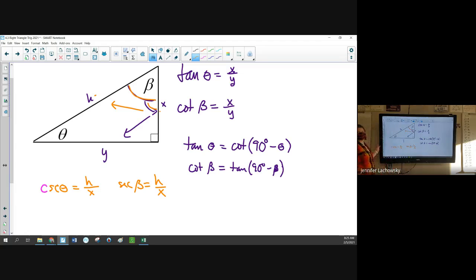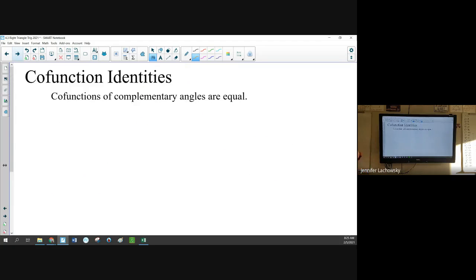Okay. So here's what I need you to do. On the back of your unit circle, write down cofunction identities, or just cofunction. How much you write down on this is up to you, but I'll show you what I mean.